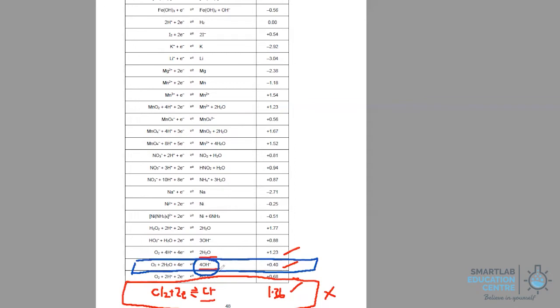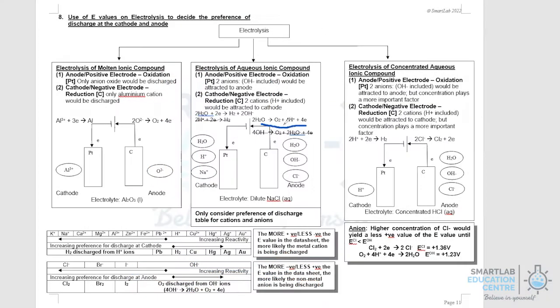So again, with OH- being of a significantly lower value, the position of equilibrium will shift forward, therefore making this number way bigger than the 1.23. Therefore, the correct equation to pick is where water oxidizes to form oxygen. So this is the half equation that takes place at the anode.